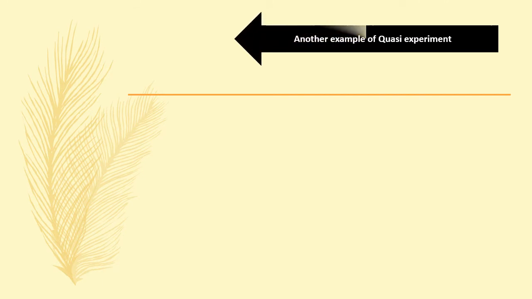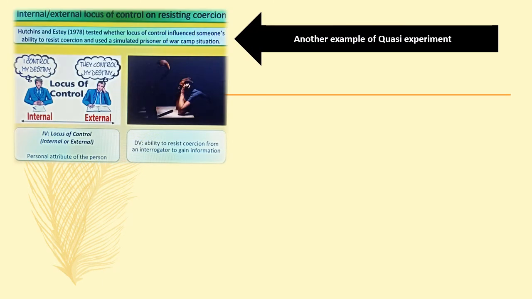So here let me give another example of a quasi experiment. Look over on the screen, you'll see internal and external locus of control on resisting coercion. Hutchinson in 1978 tested whether locus of control influenced someone's ability to resist coercion and used a simulated prisoner of war camp situation. So here, internal and external locus of control.